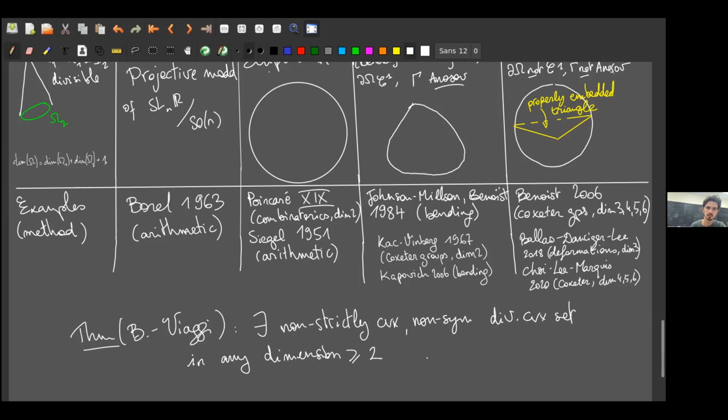Sorry, at least 3. They cannot exist in dimension 2 actually. And the method used is again bending.